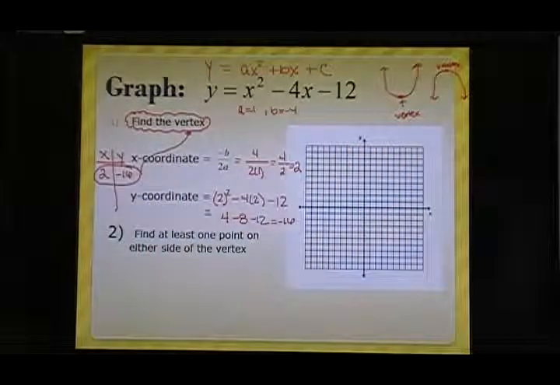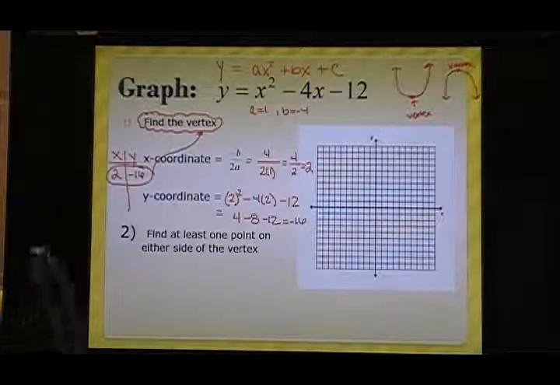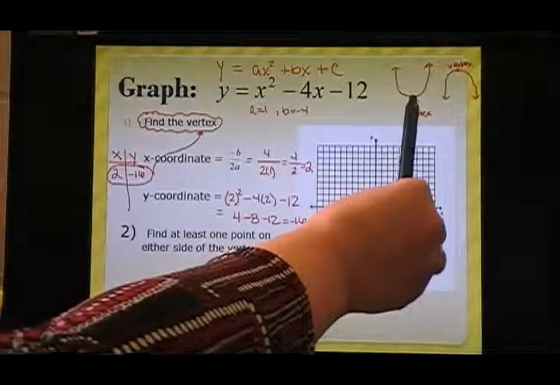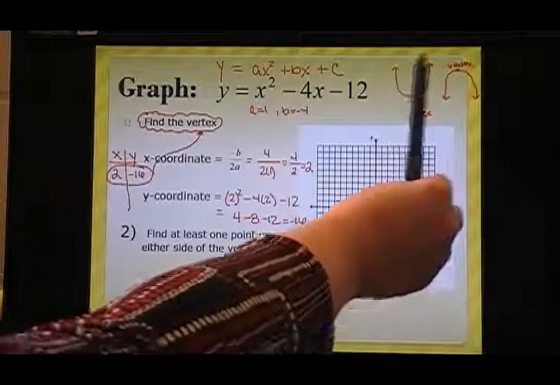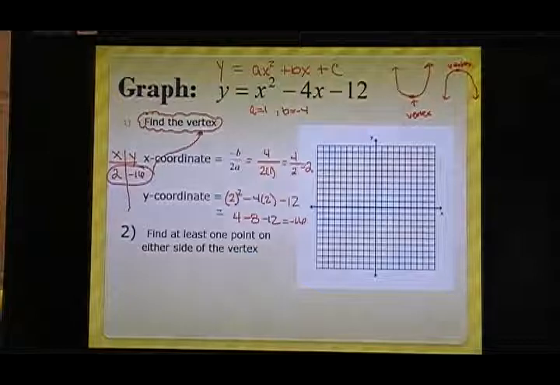So regardless of whether the parabola opens up or down, if our vertex is here, we have points to the left of the vertex and points to the right.